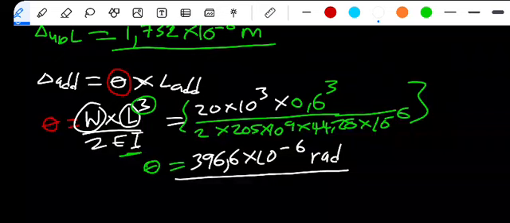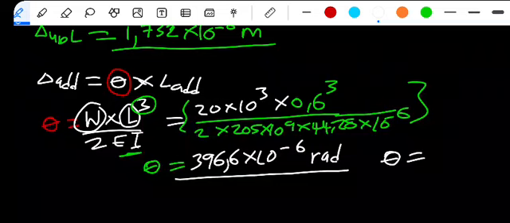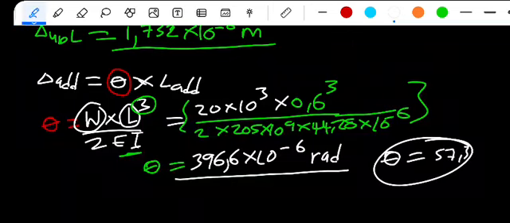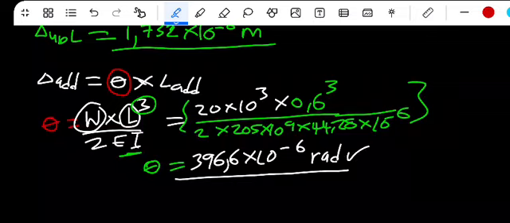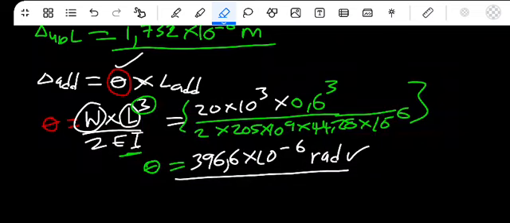Remember to convert from degrees to radians, you divide by 57.3 if you want to go from degrees to radians. But anyway, when you punch, your answer will be in radians. So we have now the slope. Remember, we still want the additional deflection.